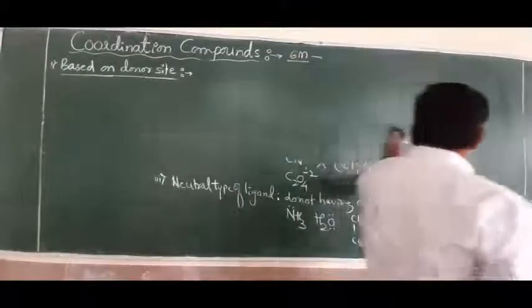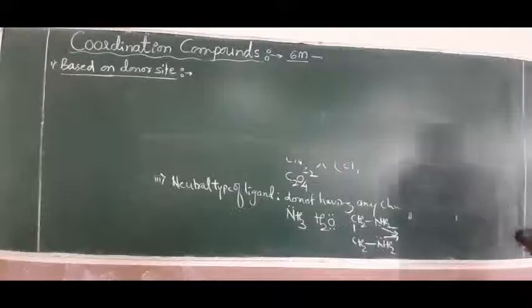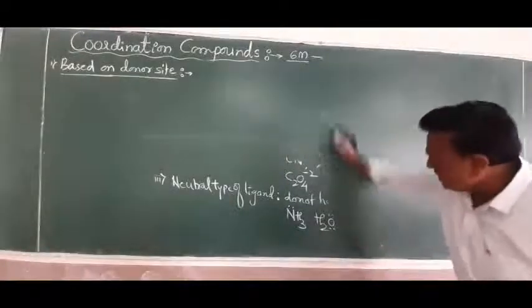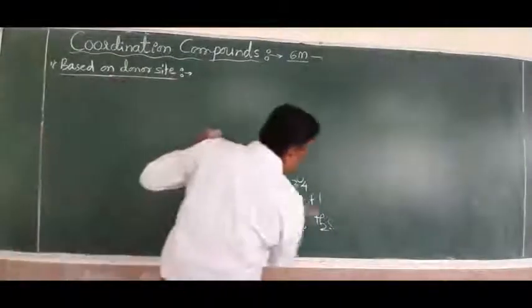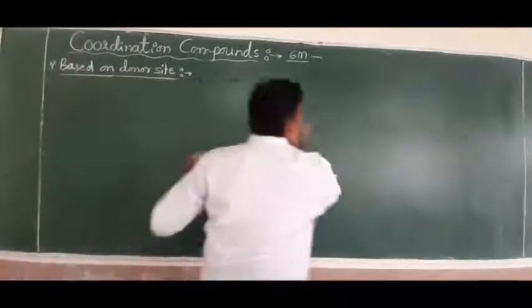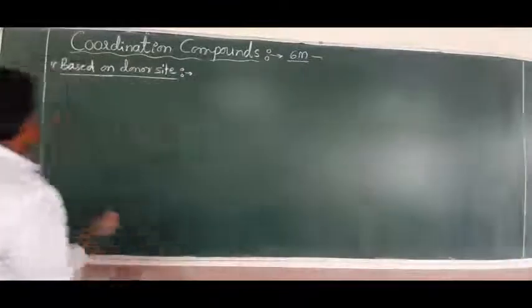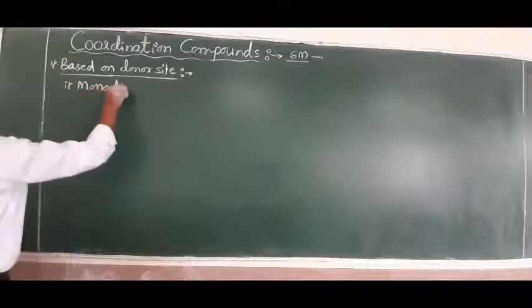Ligands donate at least a pair of electrons to the central metal. The ligand's job is to give electrons to the central metal, that is why we call it a ligand, children. Now, based on donor sites, they are classified. The first one is monodentate.